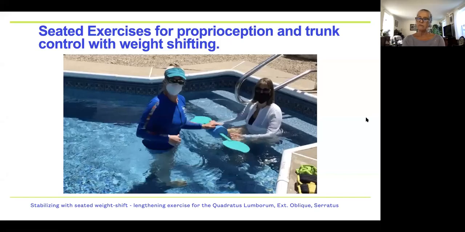Then you can move the weights from above the knee to the ankle, clipping them onto the ankles and having them try it. Sometimes I'll leave them on the ankle and then work on sit to stand from that position as well.